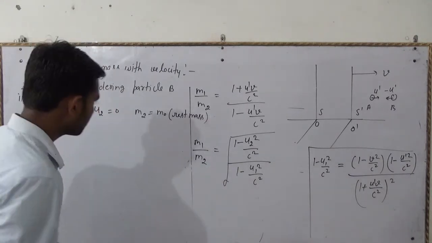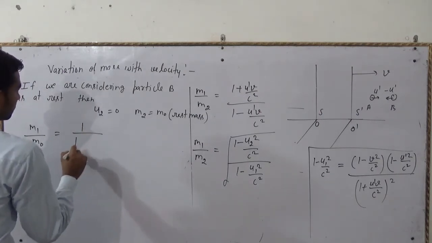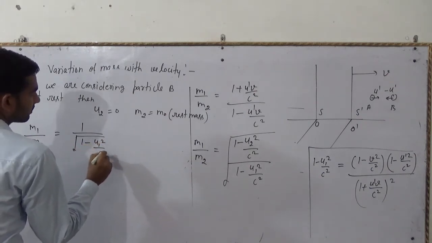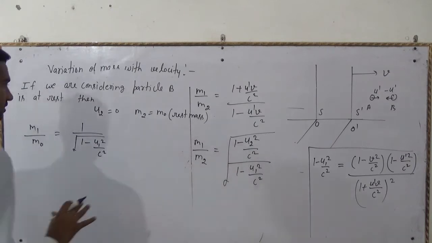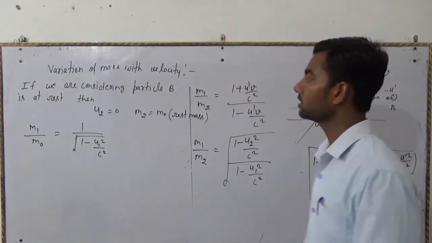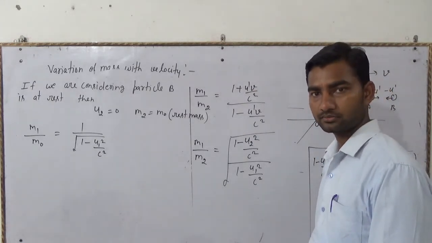Hence we can find out 1 upon under root 1 minus u1 square by c square. It is our result: m1 by m naught is equal to 1 by under root 1 minus u1 square by c square.